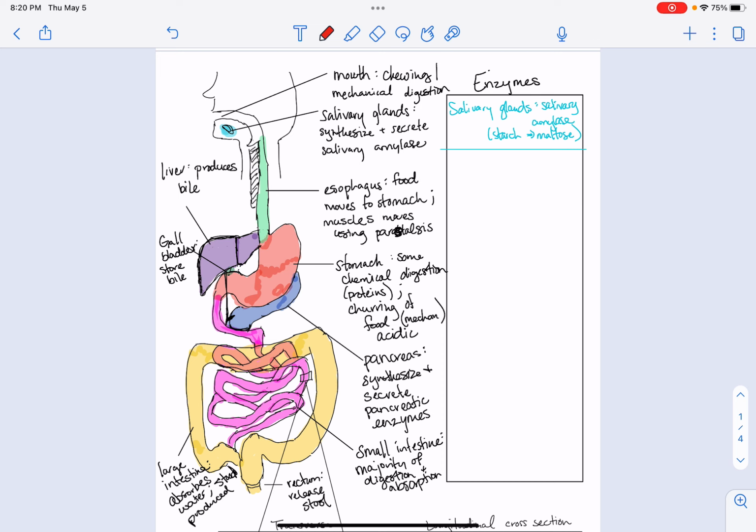You need to know about the stomach. So remember the stomach, that's where protein digestion begins, with proteases. So you don't need to know the specific proteases, but proteases are going to break down proteins into polypeptides.